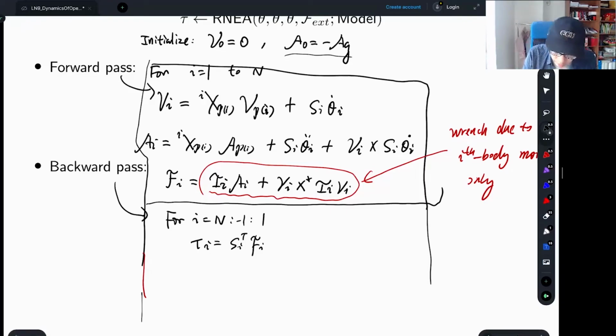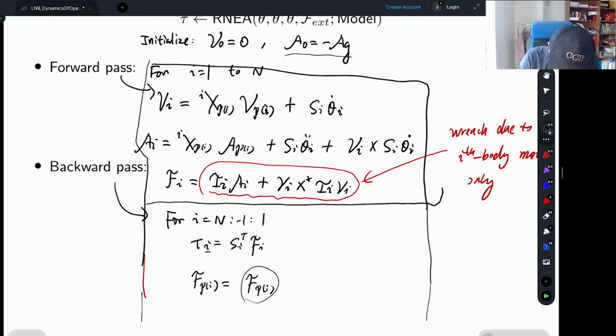But now, as you move backward, this F_i is not correct anymore. So you need to add the additional force that you need to counteract. For example, at this i, my parent i has to equal my previous one.